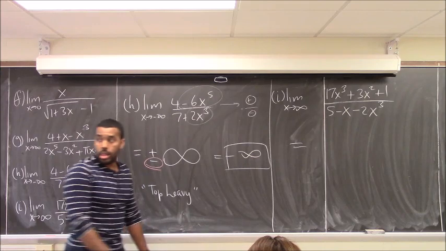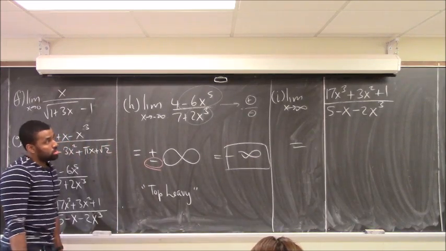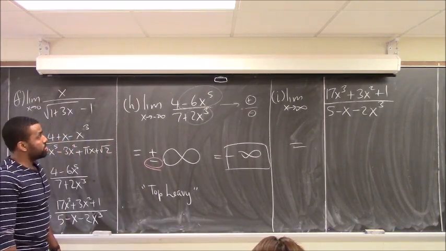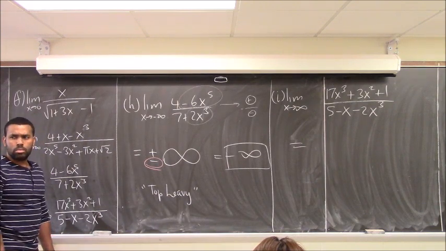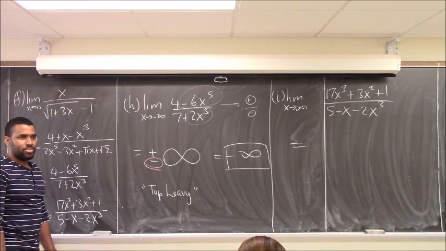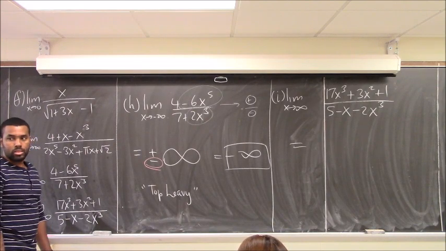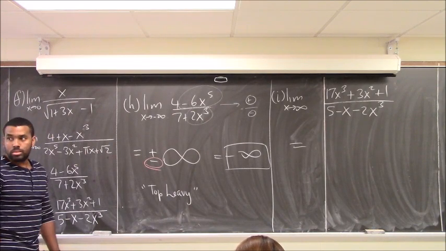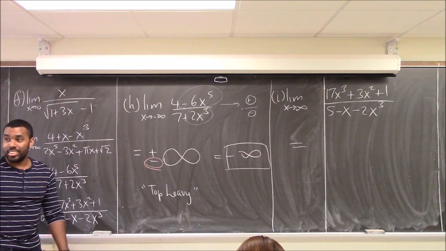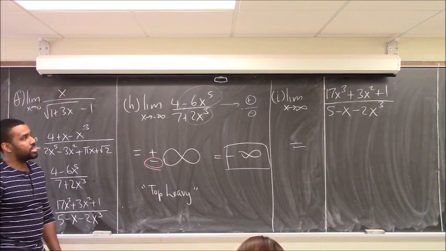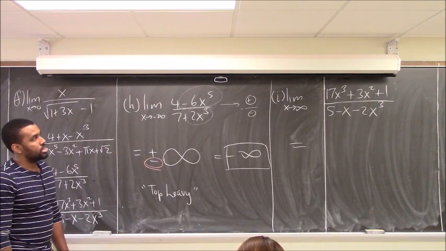What's this one? Yeah? Negative infinity again? Negative infinity? Yeah. Did I hear someone else say something? Yeah? So negative 17 over. Who do you agree with? Or him? Negative infinity. Why? Explain. Because it's top heavy, right?